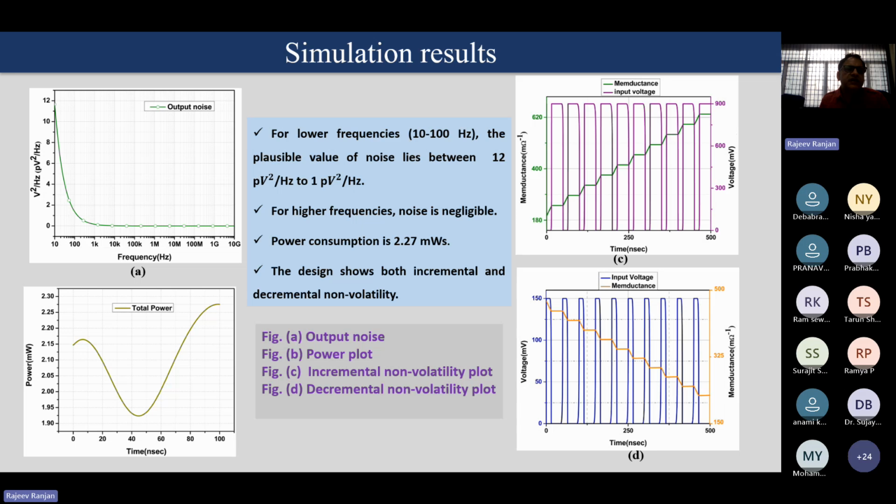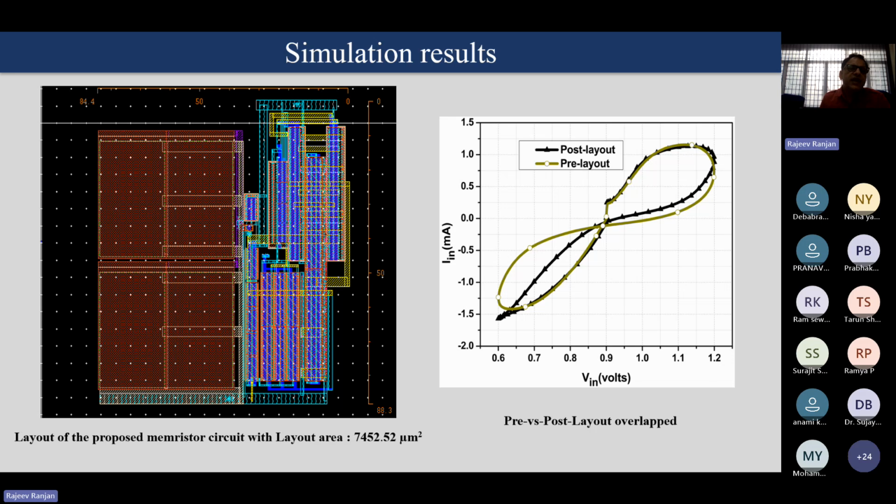This is the simulation result, and these two show the non-volatile property of the memristor which I designed. This is the layout, and the layout area is 7452 square micrometers. Here the pre and post layout are overlapped. Some parasitics are present, so there is some mismatch between pre and post layout.